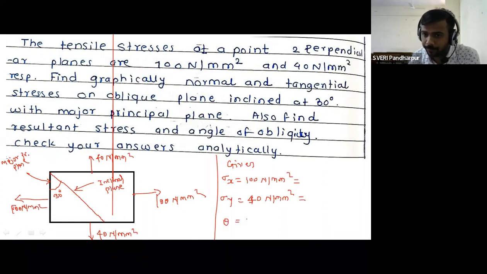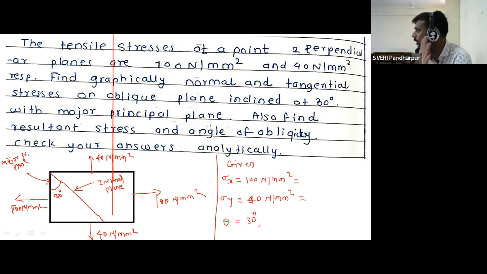Theta is equal to 30 degree. See, in all the problems we have seen so far, graphical and analytical, the theta value is always used as 2 theta: sin 2 theta, cos 2 theta. If you look at the list of formulae for sigma n and sigma t, there is no cos theta alone or sin theta alone. They have taken the 2 theta value for the calculation. Similarly, in the graphical method also we have to take the 2 theta value to draw the Mohr circle. So theta is equal to 30 degree, so 2 theta is equal to 60 degree. This is very important because in the analytical method also we have considered 2 theta.